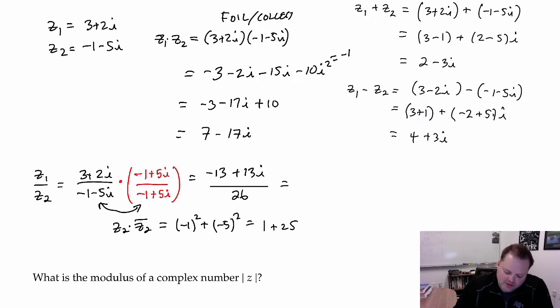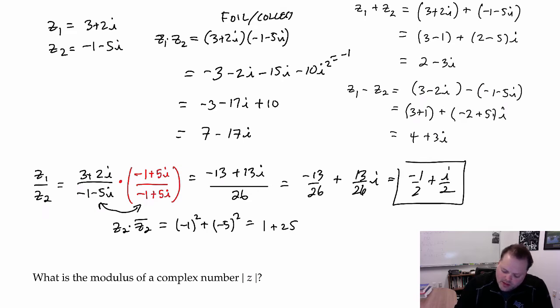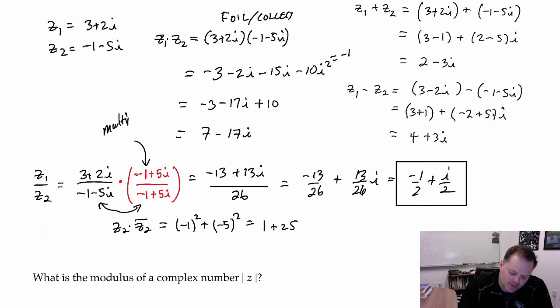So dividing these two, you've got negative 13/26 plus 13/26 I, or if we reduced, minus 1/2 plus I over 2. So the best way to do the division of two complex numbers is by multiplying by the conjugate of the denominator.